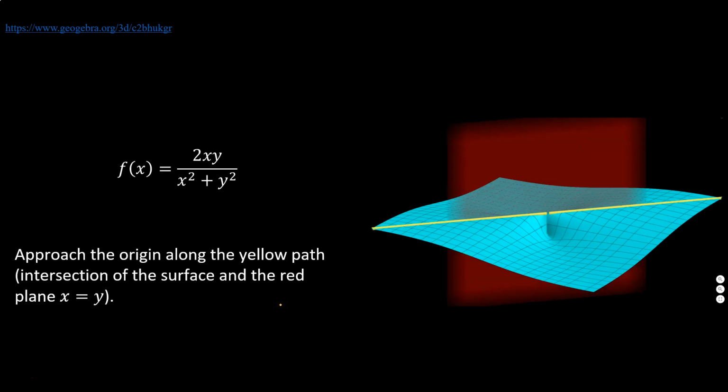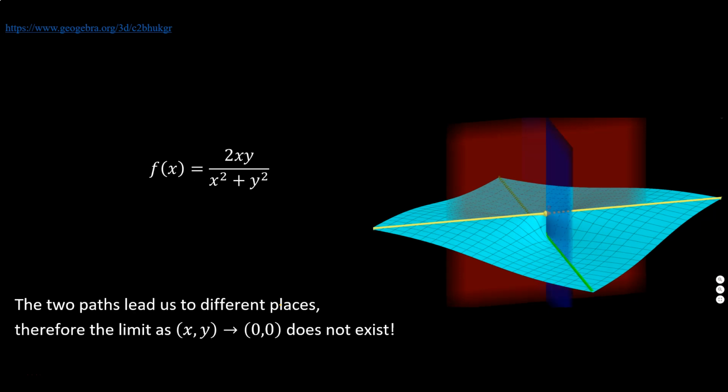or traveling along this yellow path. So the yellow path is also leading us to the point 0, 0 in the domain, but it's traveling along x equals positive y. We can see that we're traveling along two separate paths that take us to the same place in the domain, but as far as the function's concerned, we're going to completely different places, and we can see that there's a gap right here.